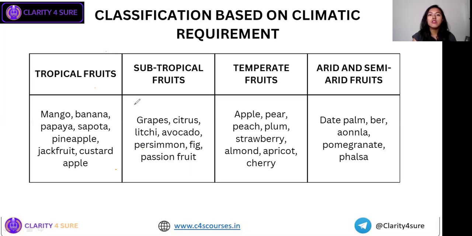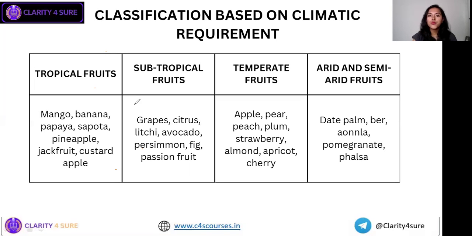They require chilling temperatures also, which we will deal with in detail later, when we deal with the temperate fruits. And another one is arid and semi-arid, which grows well in hot and dry climate. Okay, the examples are important here. So in tropical fruits, we get mango, banana, papaya, sapota, pineapple, jackfruit, and custard apple. And there are also many more. I've just mentioned the most important ones. Another one is your subtropical fruits, right?